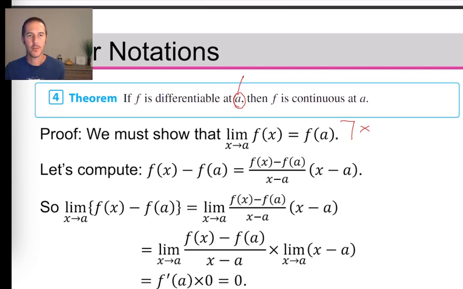If a function is differentiable, then it's continuous. In order for the function to be differentiable, the first derivative as you approach from the left has to equal the first derivative as you approach from the right, and your function has to be defined at that particular point.